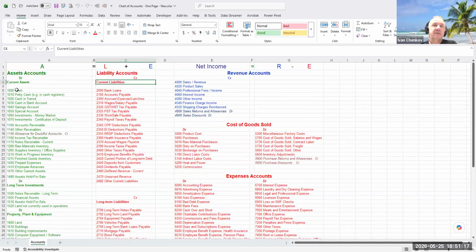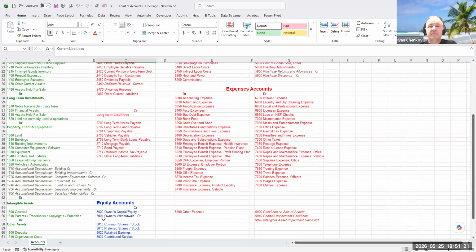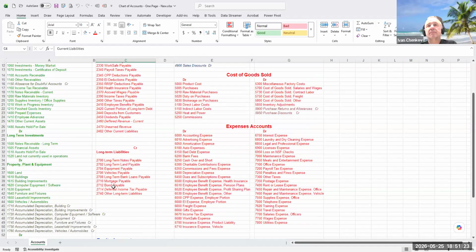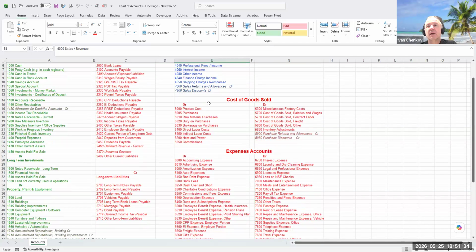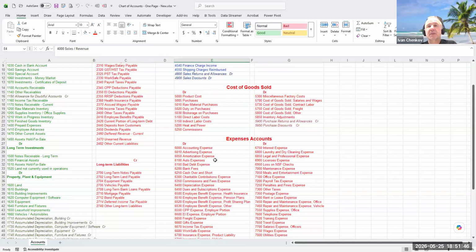As you can see, asset accounts start with 1, liability 2, equity with 3. Then we have income statement accounts, or accounts which belong to the net income, for which you're calculating the income, and we have the revenue account. And then we have expenses. Expenses are listed in two categories. The first category is the cost of the goods that we're selling. So we want to see the direct costs of the goods that generate the sales.